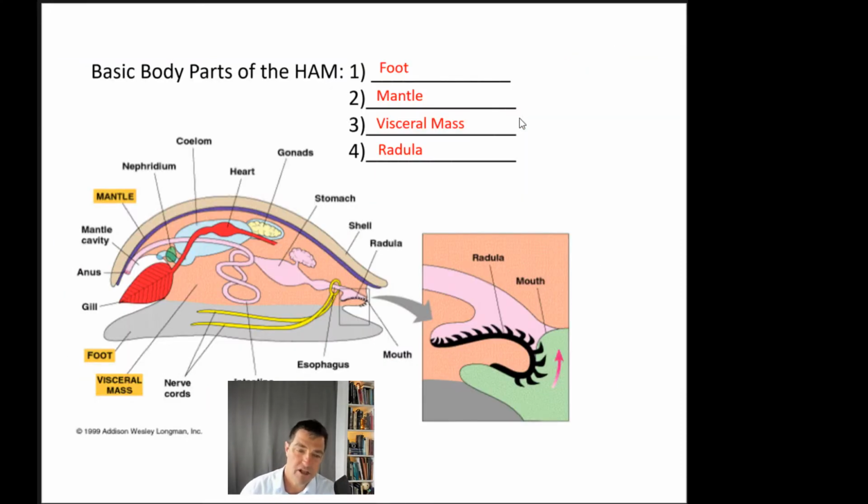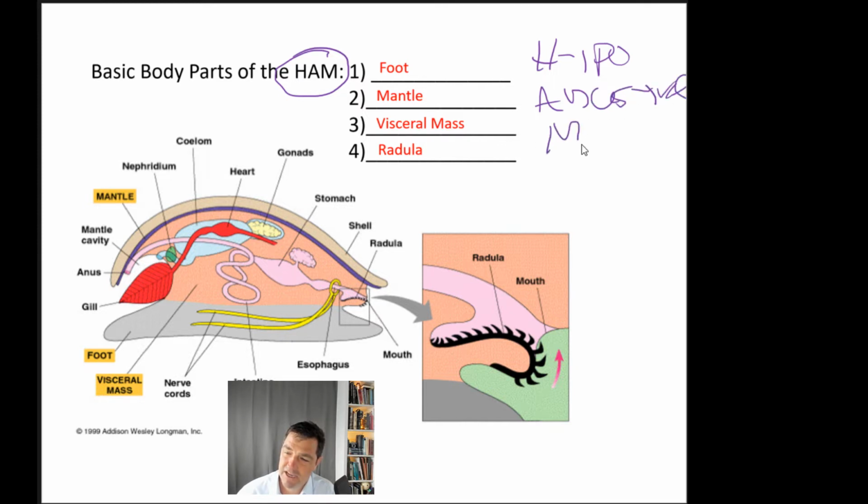So when we talk about the mollusca, we always start with what we call the ham, and the ham is what we refer to as the hypothetical ancestral mollusk. So what that means is the ham really doesn't exist, but it's thought that this is probably what the original mollusca looked like.